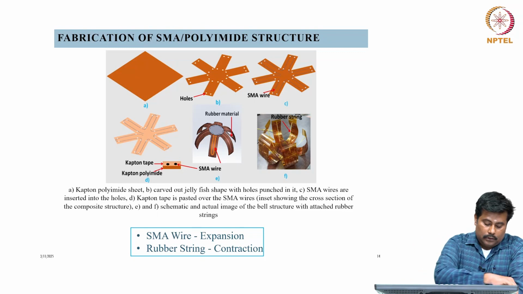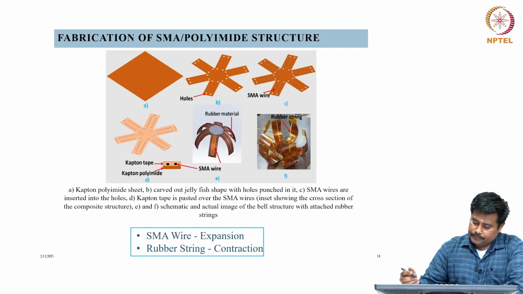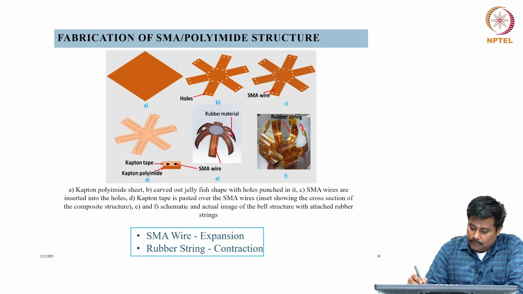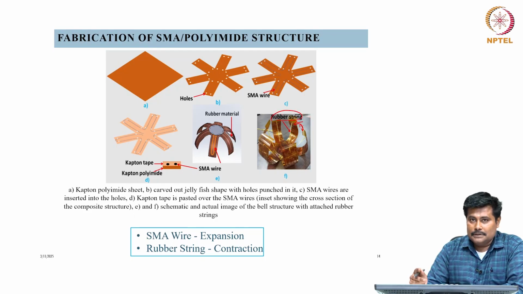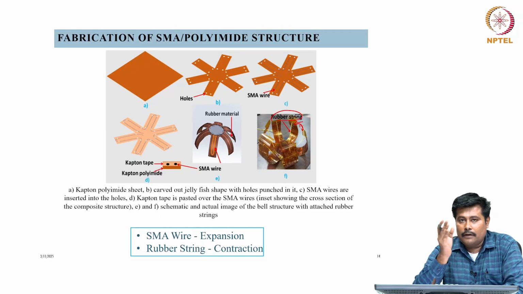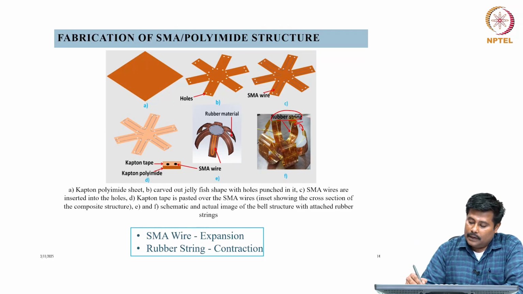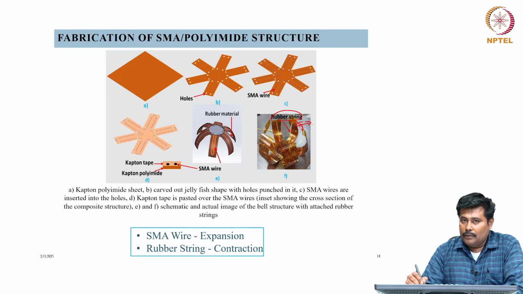In order to ensure a static or dynamic analysis in this particular system, we used a Kapton polyimide. In this Kapton polyimide, to take care of the retraction, a rubber string is established. However, to take care of the actuation, the SMA integrated polyimide was established.